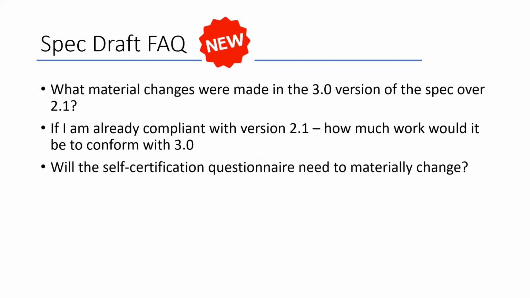The one thing that did also come out of last week's meeting or last time was the need for potentially a FAQ dedicated to helping people understand how this version of the spec is different than the 2.1 version or the ISO version.